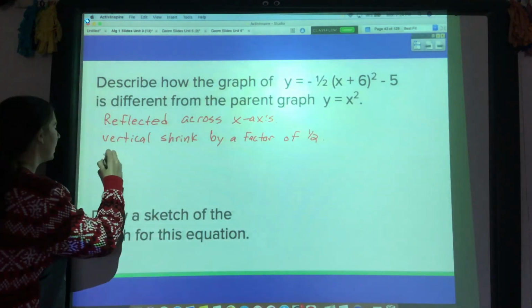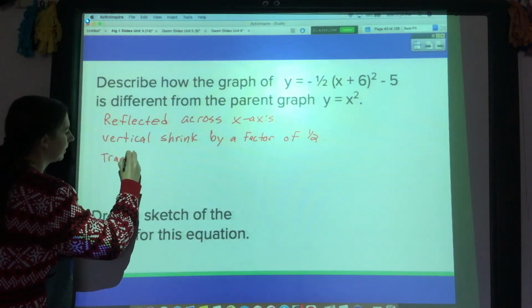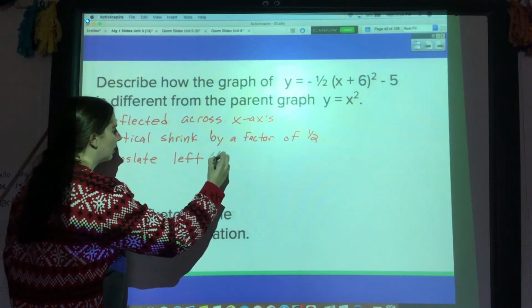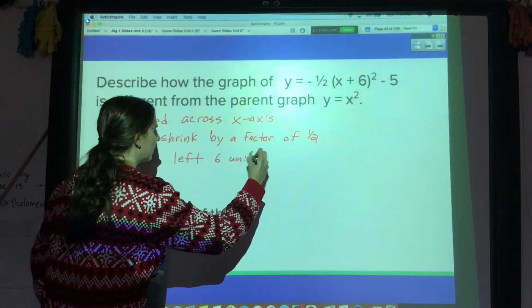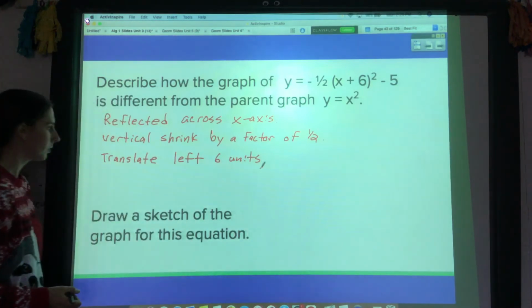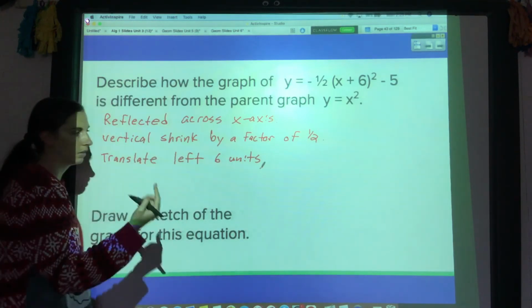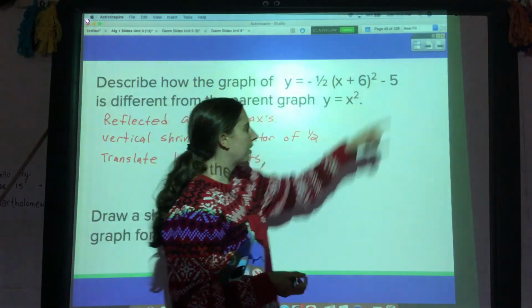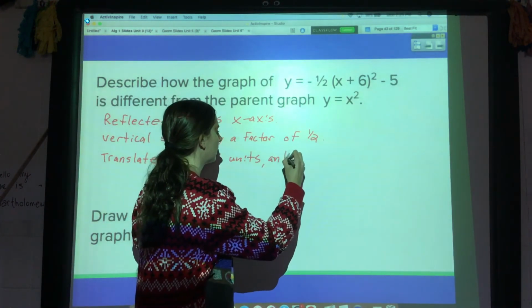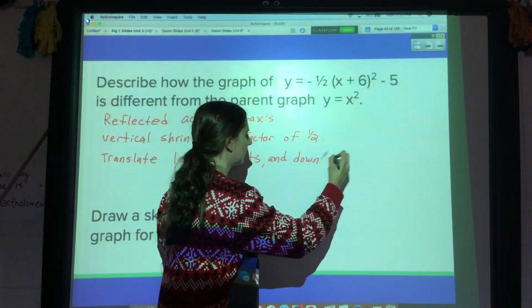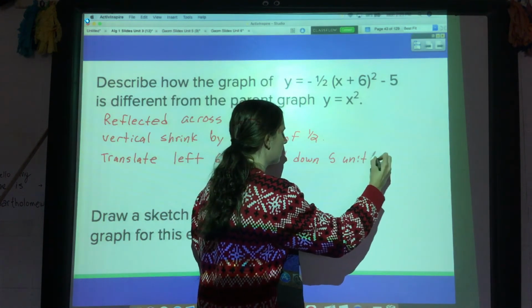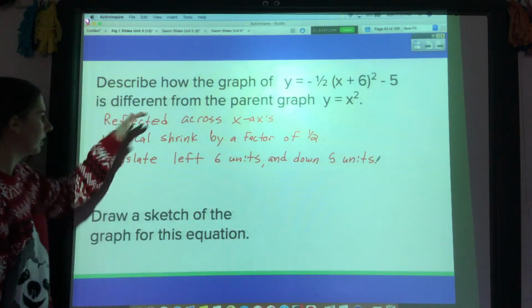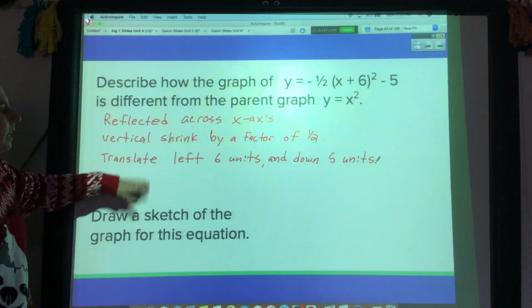So I'm going to say translated, or translate left 6 units, just to be specific. You could also say shift left 6 units or move left. And then it also goes down 5 units. There we go. So it's reflected, shrink it, and translate.